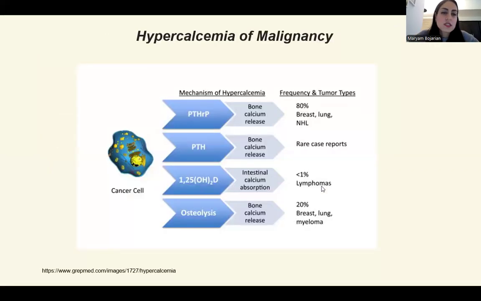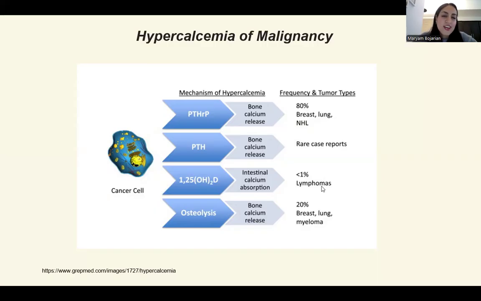Okay, this is another slide about hypercalcemia of malignancy. In about 80% of the cases, we do have excess PTHrP, in the setting of breast, lung, and squamous cell carcinoma.